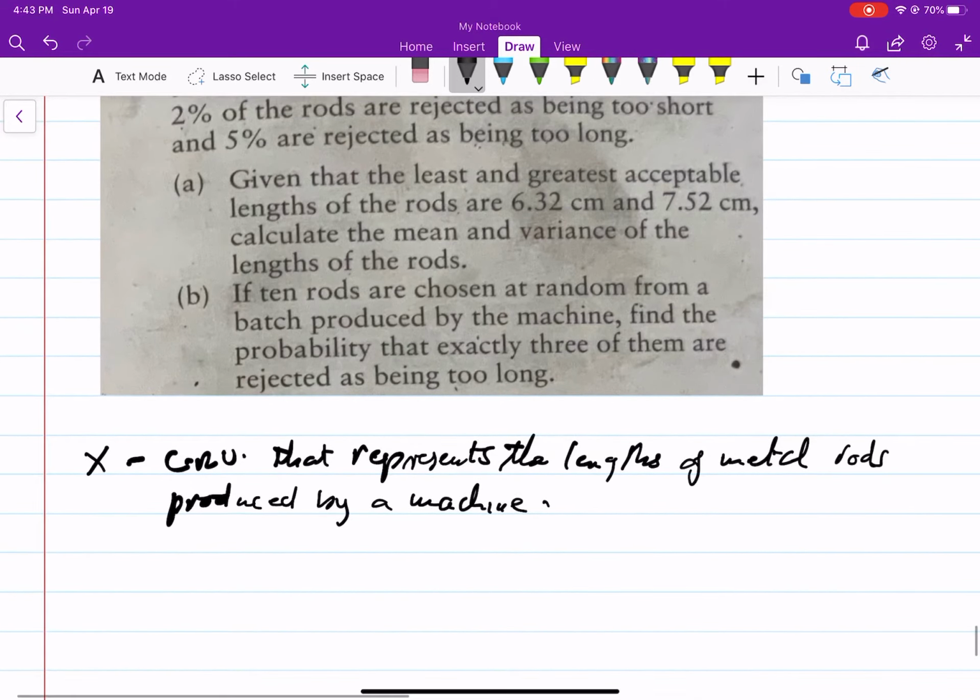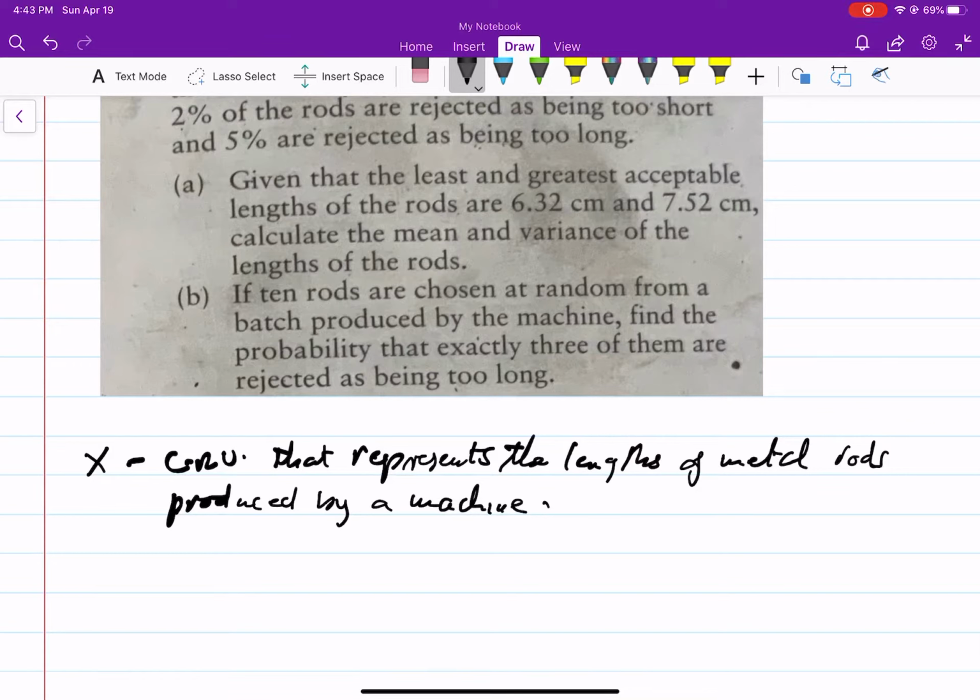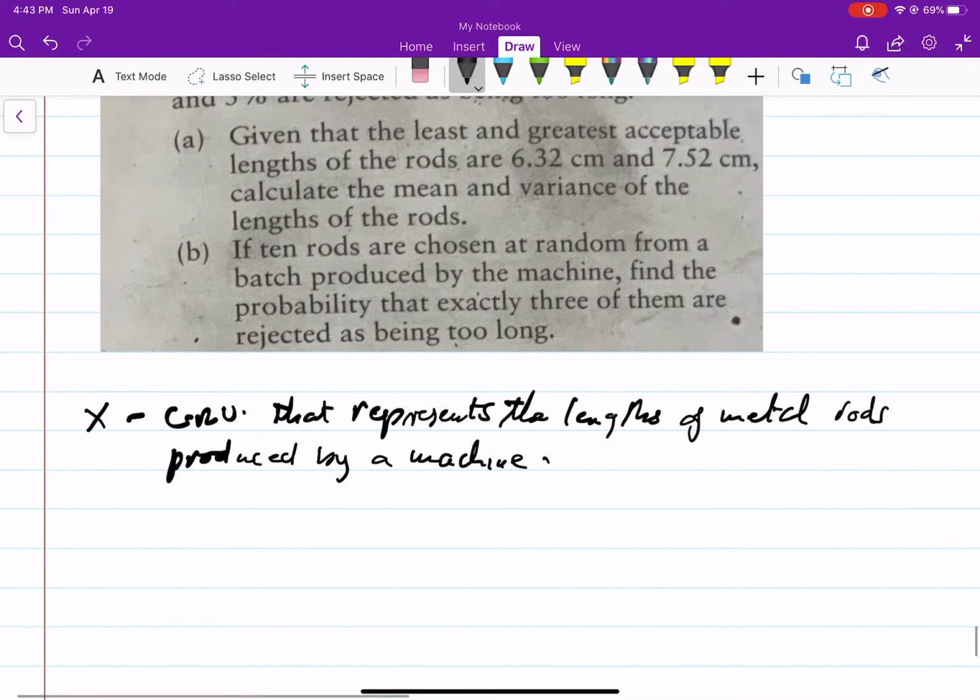Now they didn't give you the mean and the variance. In fact, in the body of the problem, they want you to find the mean and the variance. This is an interesting problem. So we'll start by saying x is normally distributed with a mean of mu, which we don't know, and a variance of sigma squared.